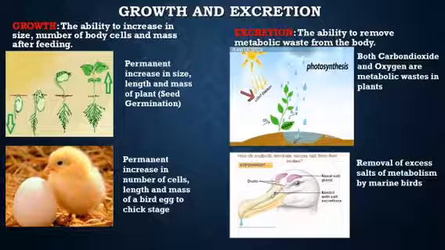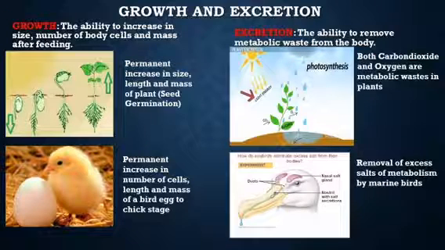Plants respire by taking in oxygen, as every other organism does. They take in oxygen and release carbon dioxide. That is respiration. However, when there is sunlight, plants actively manufacture food, and that is when they use carbon dioxide to produce glucose and release oxygen.